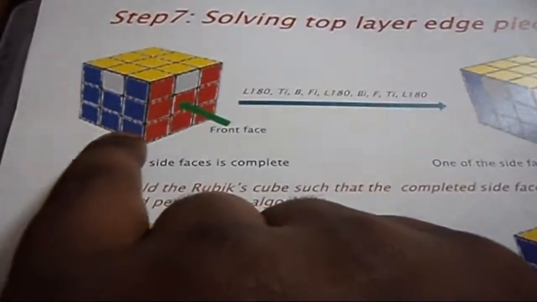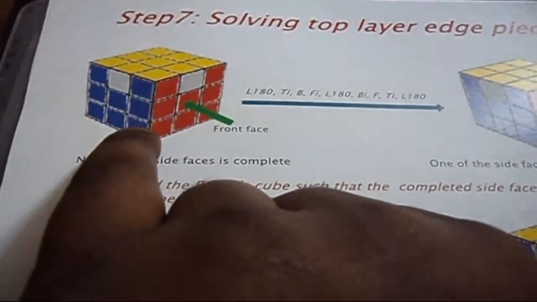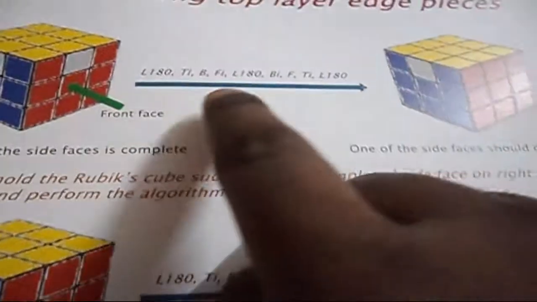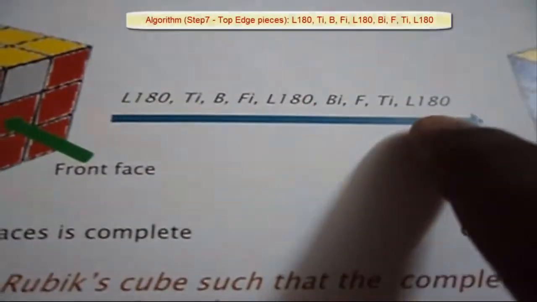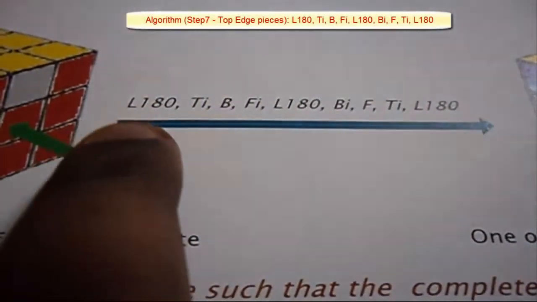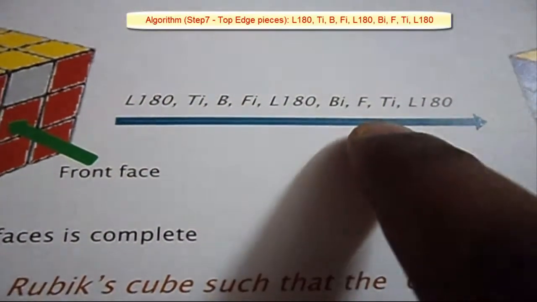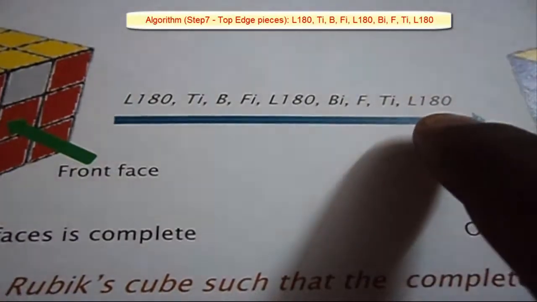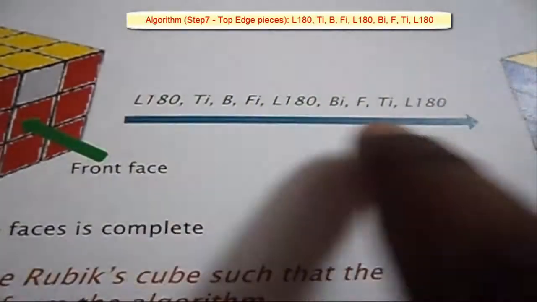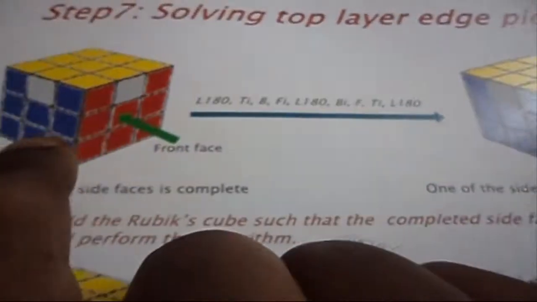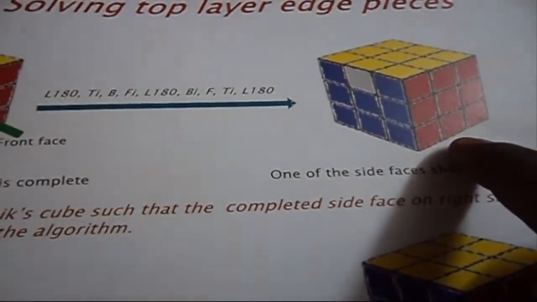If I have a cube with case 2, then we need to perform this algorithm that I have mentioned over here, that is L180 Ti B Fi L180 Bi F Ti L180. If you perform this algorithm, then the cube will get transformed into case 3.